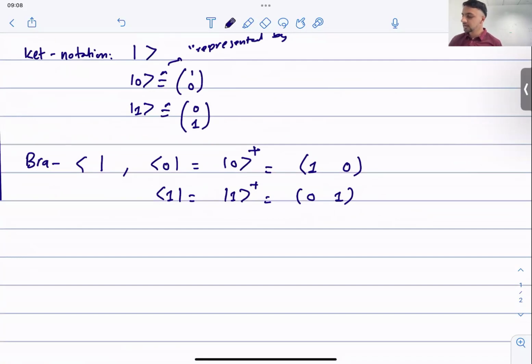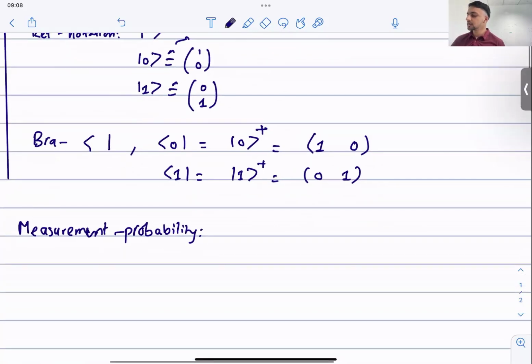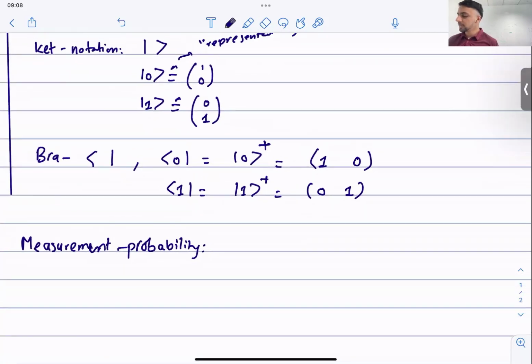The other thing is when you compute measurement probabilities. Let's say you are computing in the computational basis, which is the Z operator. I told you yesterday in my lecture on Deutsch's algorithm that it can be written like this.